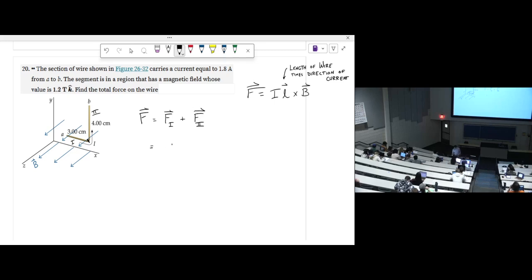So in this case, I've got the same current. The current is going to be equal to the 1.8 amps times the length. So that's going to be 0.03 meters in i hat, crossed into a magnetic field that is 1.2 Tesla in k hat. And that's just going to be F1 here.